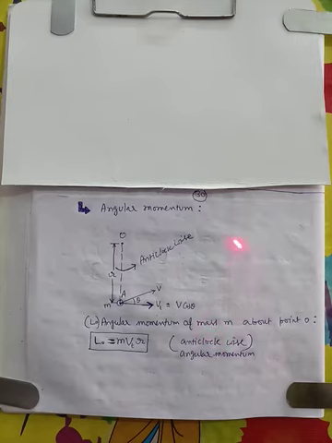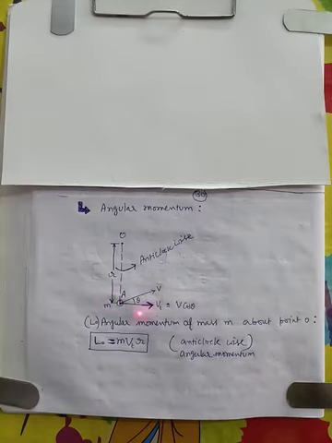I will first make you understand what angular momentum is. Suppose this is the point O, and this is a particle, body A, with mass m, moving along this direction.